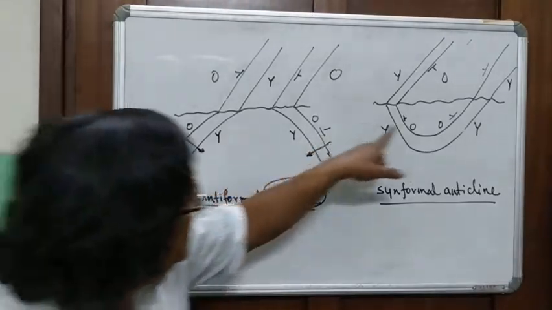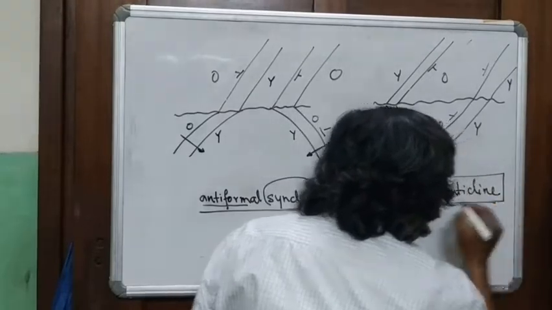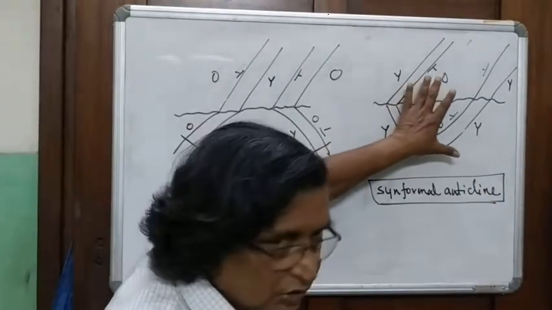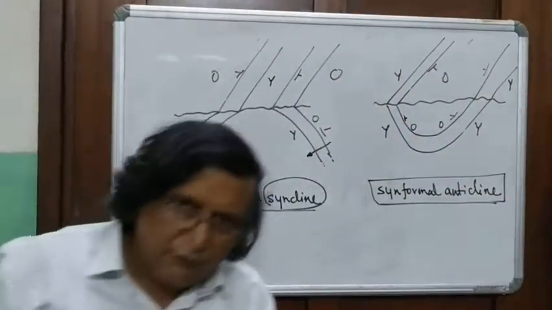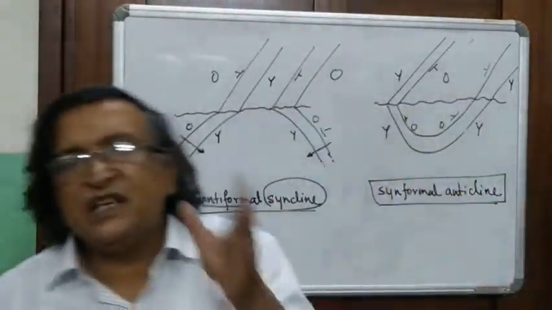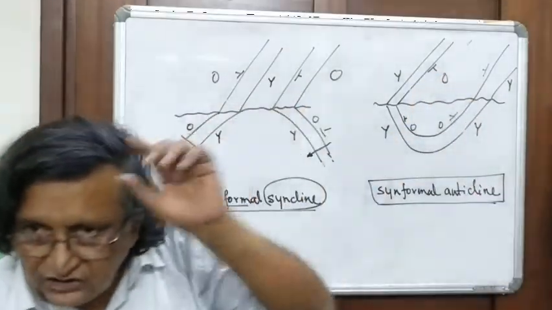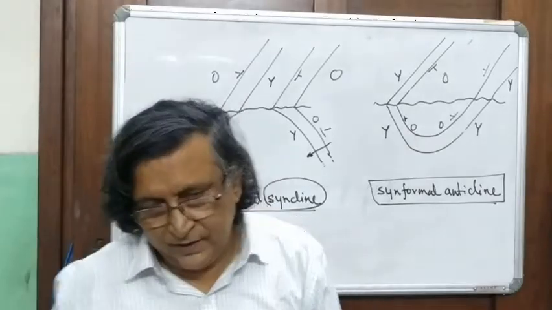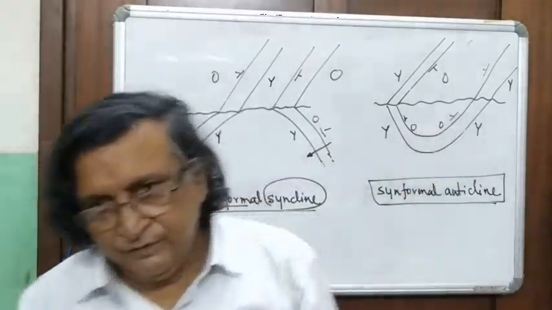That means here also, if you have synformal anticlines, there was an event, folding or faulting, whatever it is, that predated this folding, or that folding happened first, which caused the inversion, and then that inverted layer was folded.